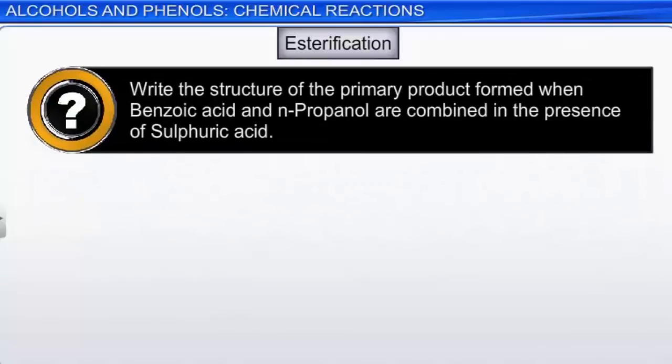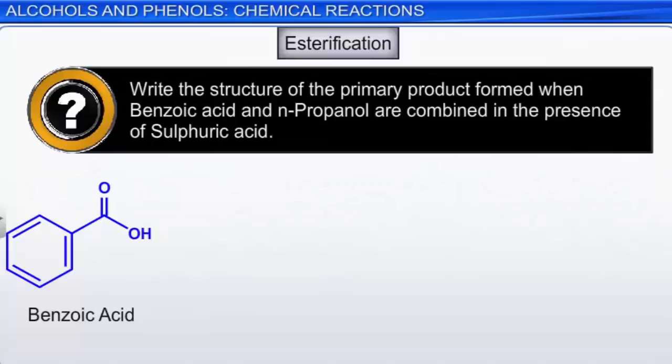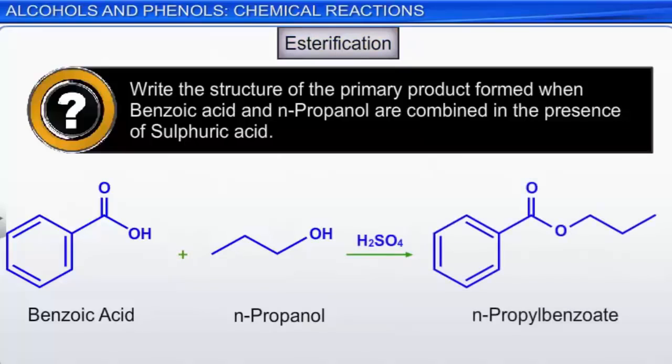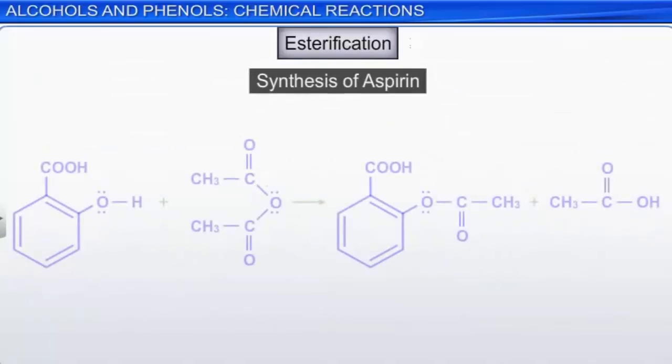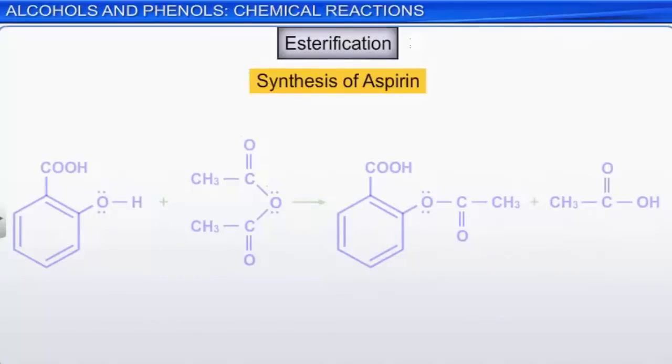Start by drawing out the structures of the reactants. You should recognize this as an esterification reaction. Propyl benzoate is the main product of the reaction. One application of esterification is the synthesis of aspirin.